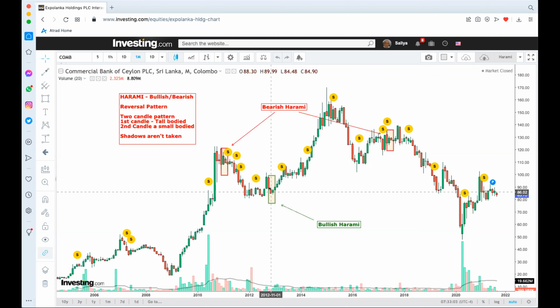This is especially important when you have analyzed your company, you believe in its forward potential, and you want to accumulate. At the same time, you want to accumulate when prices are increasing, meaning there are breakouts of resistance levels.